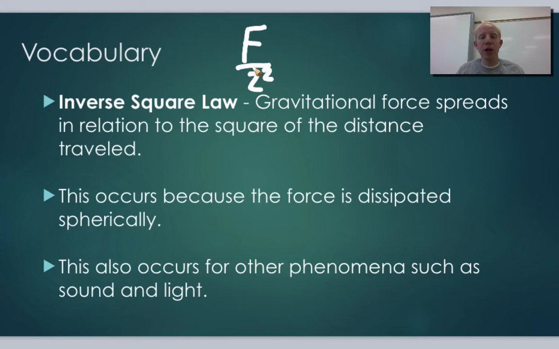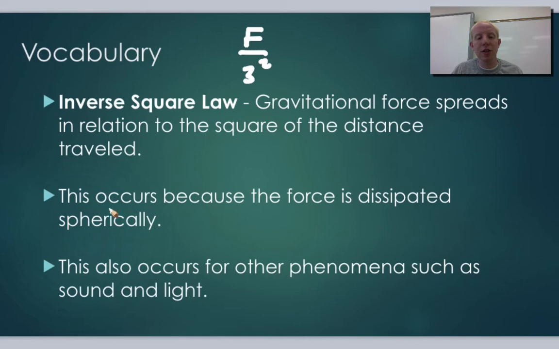If I triple that distance between them, it's not a third as much force, it's actually 3 squared, so F over 3 squared, a ninth the amount of force. This is really tricky for a lot of students because they think, oh, if you double the distance, it should be half the force. If you triple the distance, it should be a third of the force. But you've got to include that square factor.